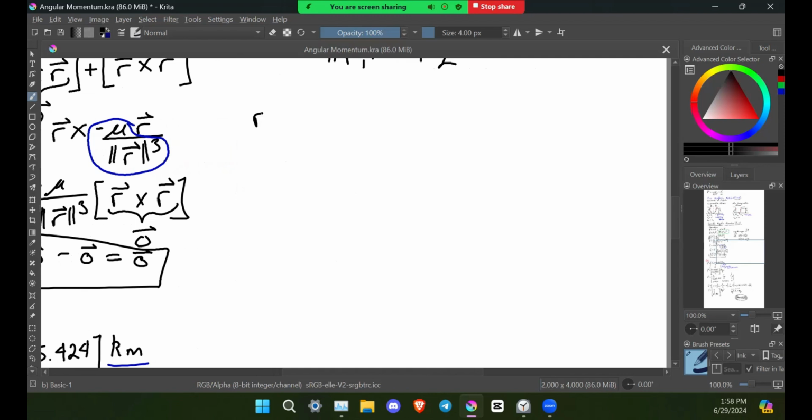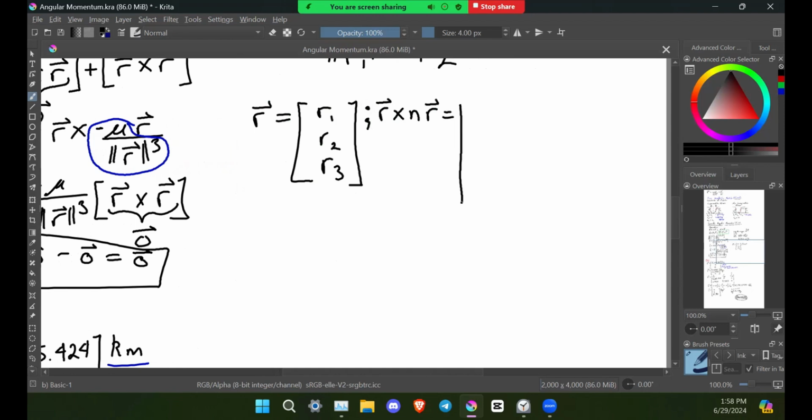So we have vector r, r1, 2, 3. Here are our vector components. And we decided that we wanted to have a cross product with some multiple of itself. So let's set this up.